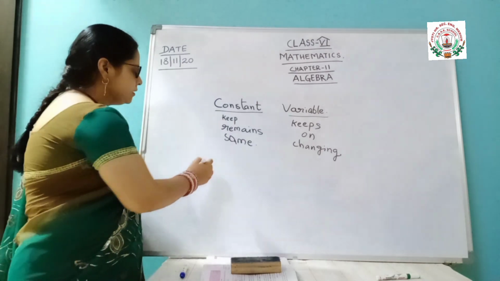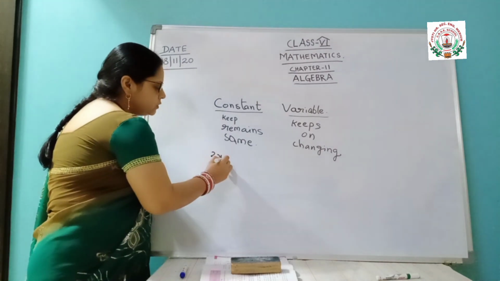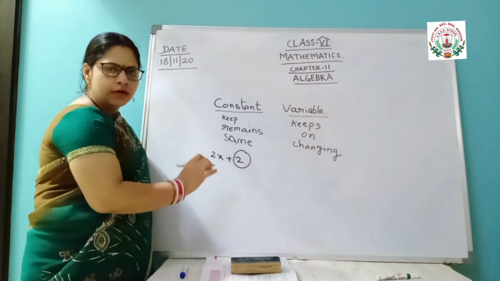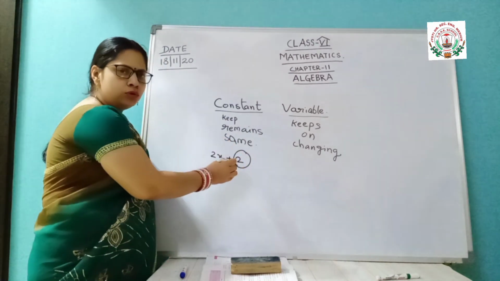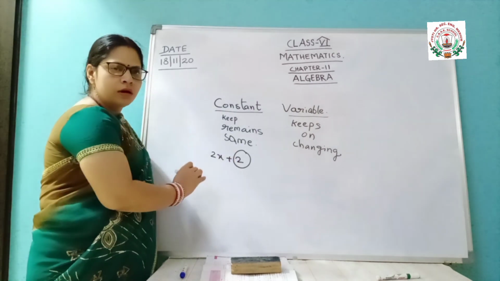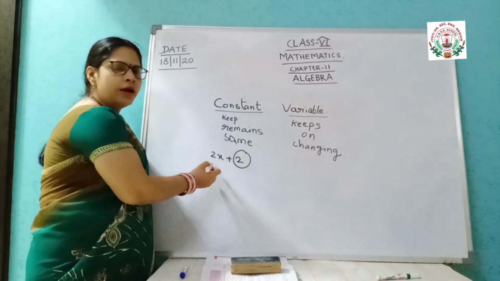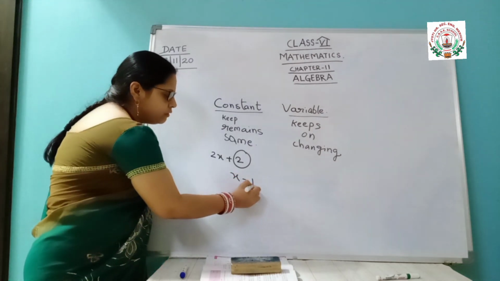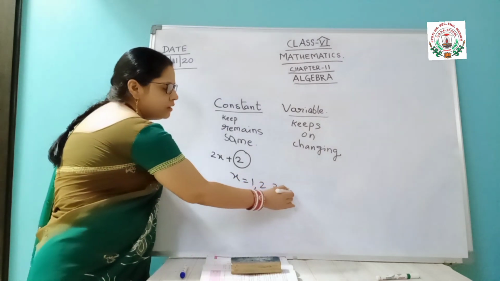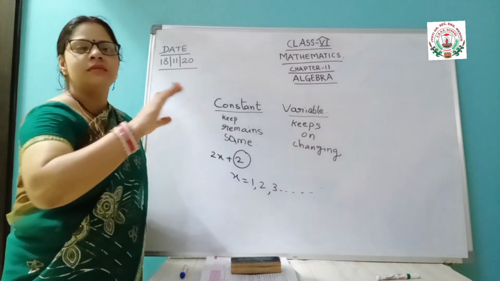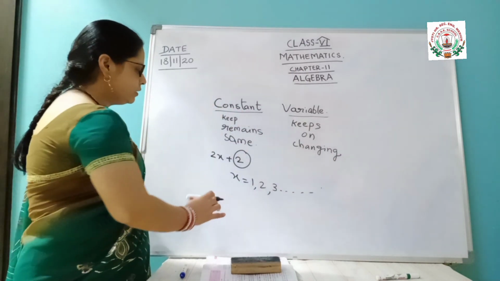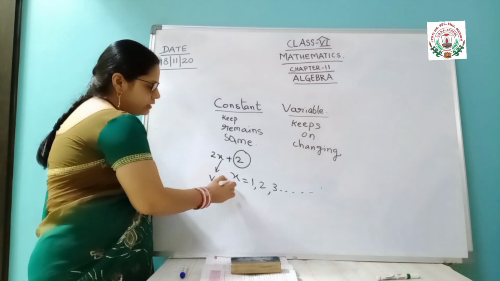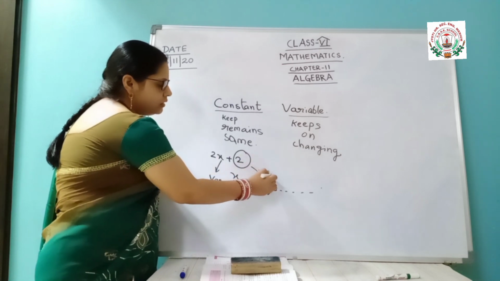If I write, suppose, 2x plus 2, this 2 remains constant only. ये तो 2 constant है, ये change नहीं होगा. But the value of x can be 1, can be 2, can be 3, and so on. It can be 4, 5, 6, anything according to the question. So this x is the variable and this 2 is called the constant.